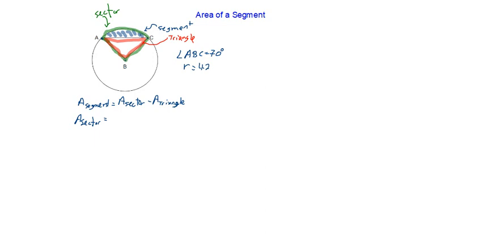The area of the sector is just equal to whatever fraction of the circle this is. We can find the area of the circle and find out which fraction of the circle it is. So I'll write that as well: fraction of the circle times the area of the circle.